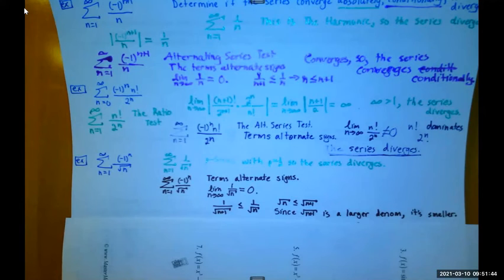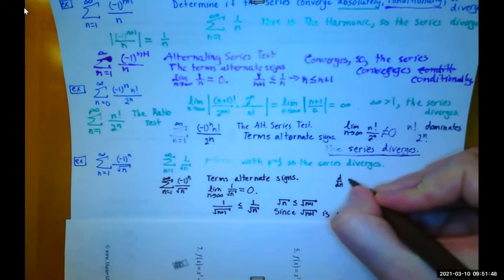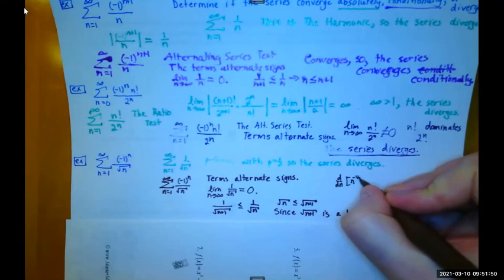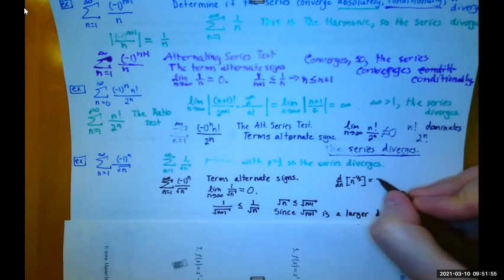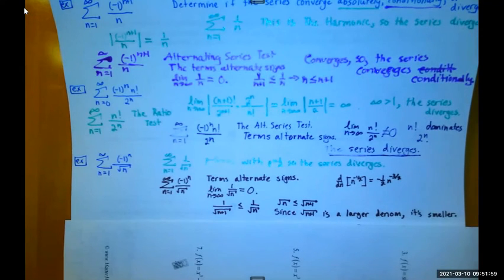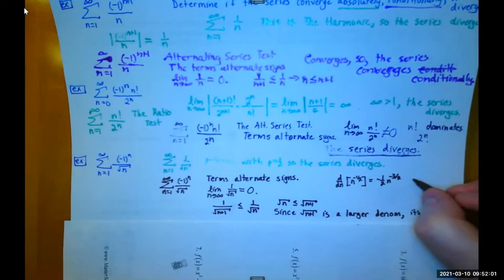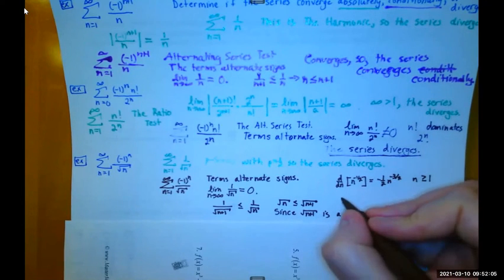Hey, you could take the derivative. Ooh, let's do that. Derivative of n to the -1/2 power is -1/2 n to the -3/2. How about that? Is that going to be negative for n greater than or equal to 1? It surely is.